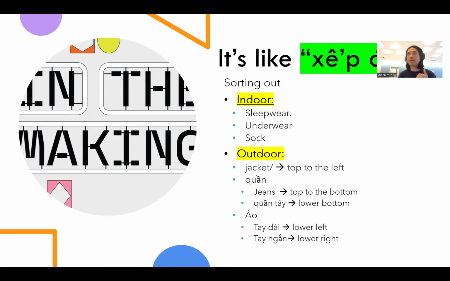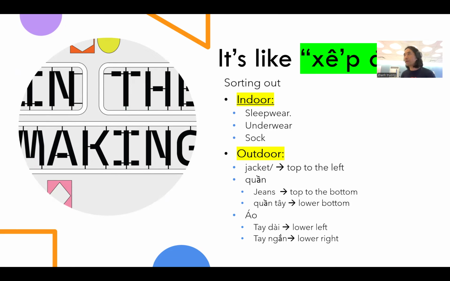You divide them into indoor clothes, sleepwear, underwear, socks, and outdoor clothes, a jacket, and then you subdivide the outdoor clothes into bottom wear and top wear. Bottom wear, maybe you have a jean, or a pant, a slack.